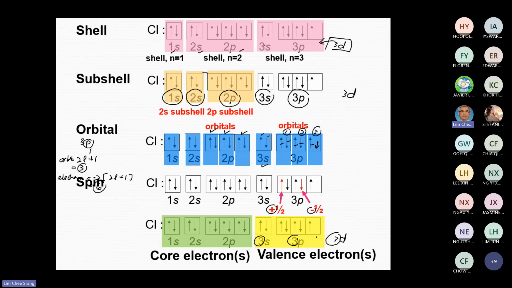Don't choose only 3p as the outermost valence electron. Cannot, you must refer to the outermost n number. Okay, let's say this is under valence, the rest are considered core, inner. Inner means this overall electron number will be calculated. Can understand? Any question?